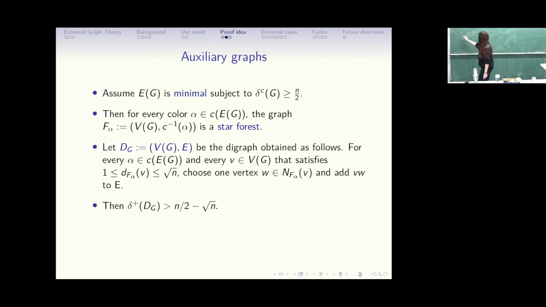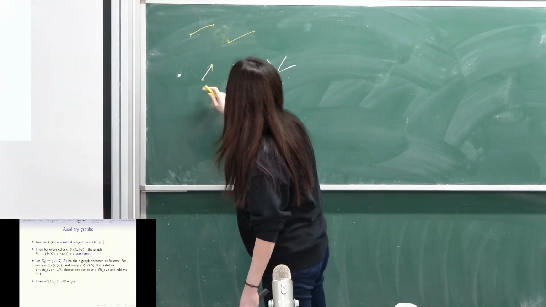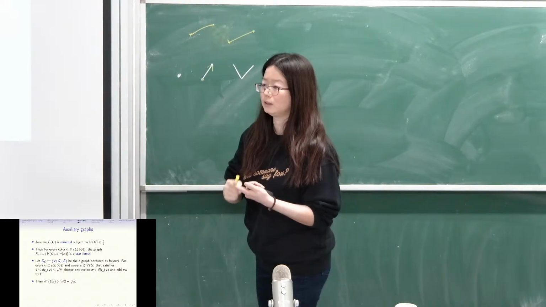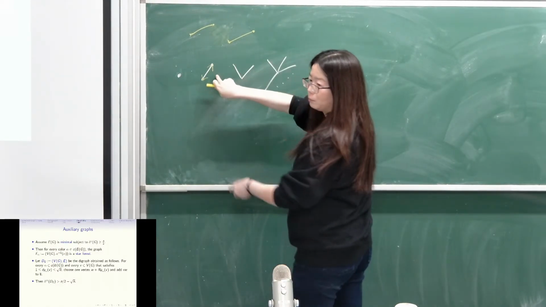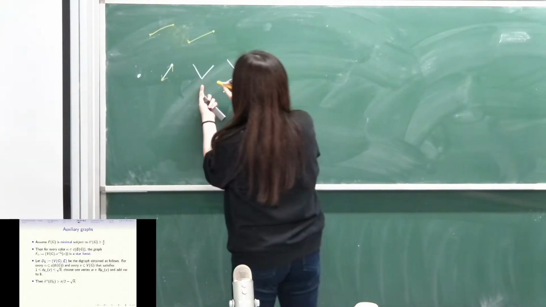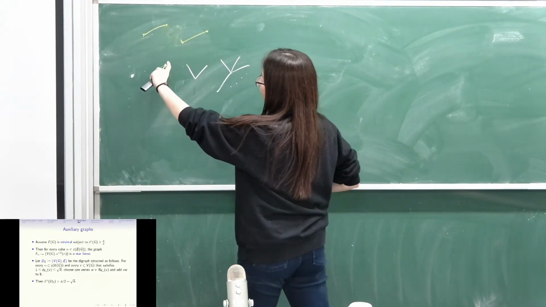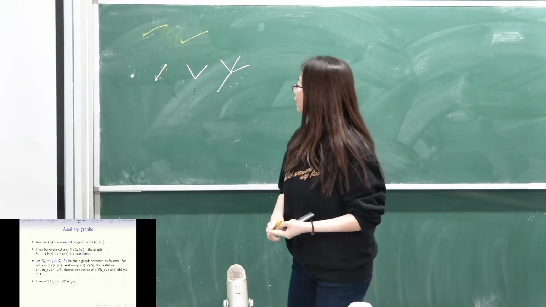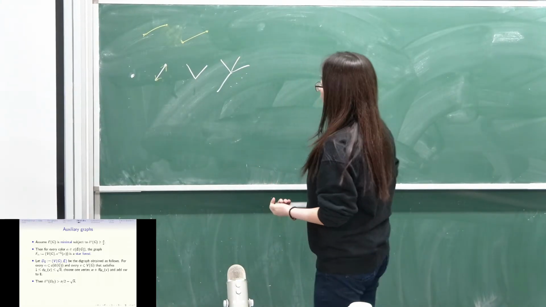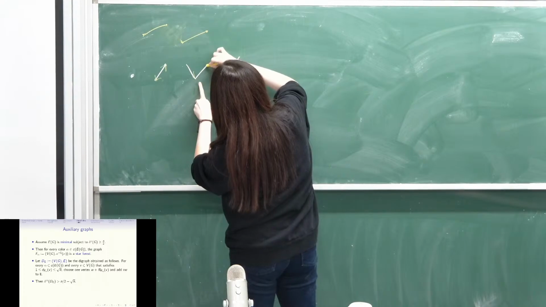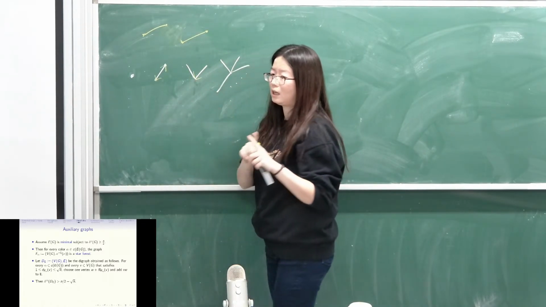If this vertex only sees one edge in color alpha, I draw an edge pointing out corresponding to the alpha color edge. This one as well, so I'm going to have a double edge here. And you can see a double edge show up on this isolated edge. If it's isolated in alpha, it's going to be very good for our rainbow path because there's no conflict anywhere. And here as well, this vertex has an alpha edge, this one has an alpha edge. Then this one has two options, and I just arbitrarily fix one option.